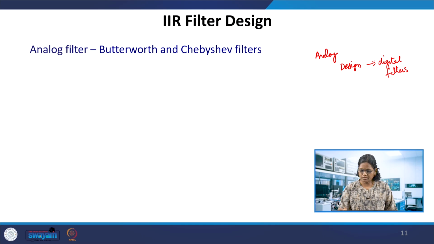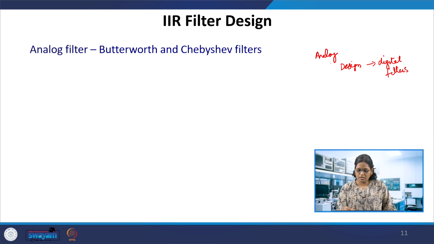Then we use transforms to discretize the analog filter, like the impulse invariance method or the bilinear transform. So this design involves the analog filter as well as the transformation.